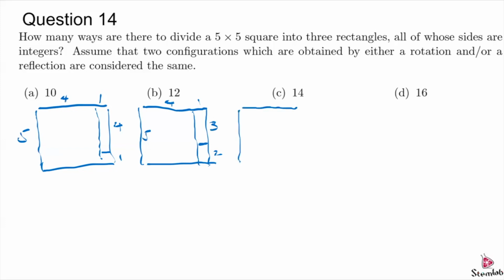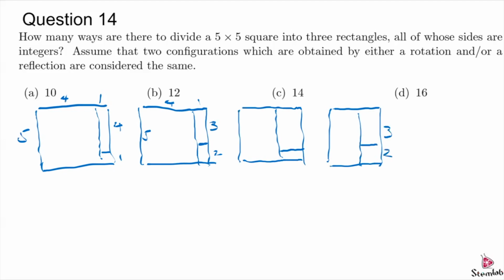I'm going to hopefully make my drawings a little bit smaller because it won't fit. If we do 5 by 3, then the only cuts we have are one that goes like this, another one that goes higher, where this is now 2 and 3, 2, 3, 5, and one that goes vertical.